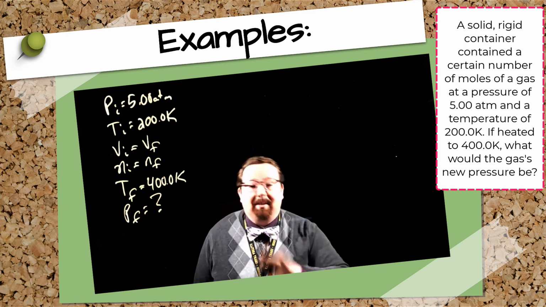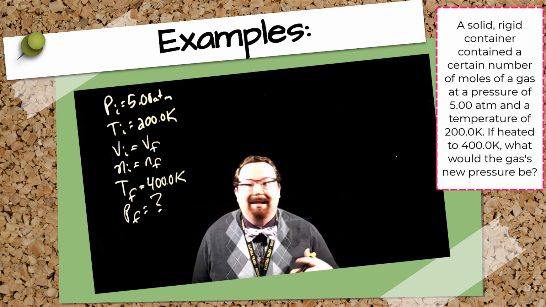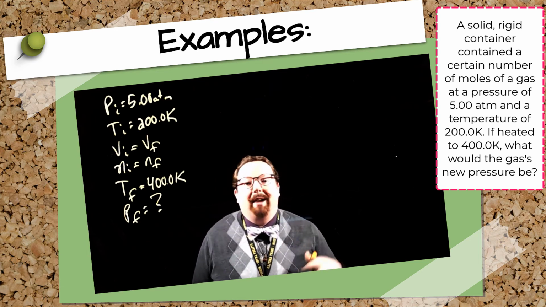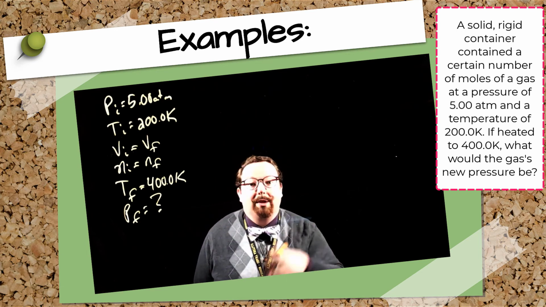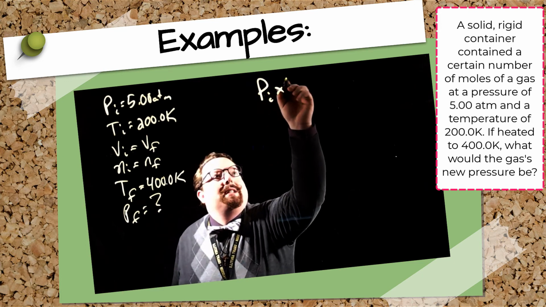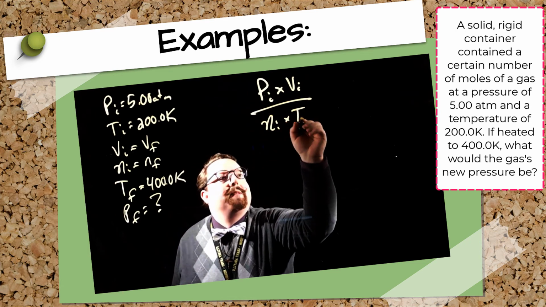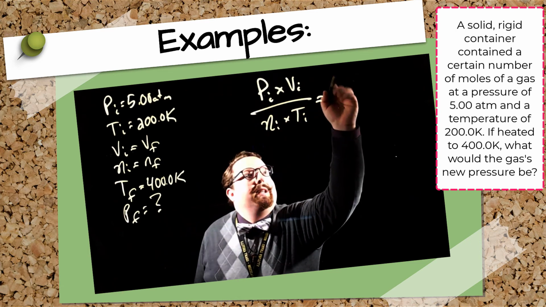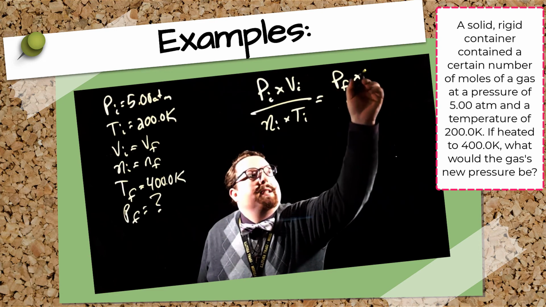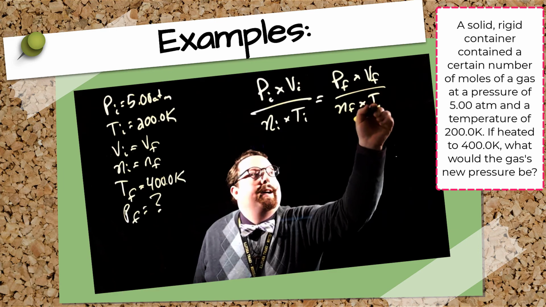A lot of times, especially when I'm working out examples myself, I'll use P1 and P2 instead of Pi and Pf. Doesn't matter which one you use as long as you're keeping track of which one's which. So our equation is the initial pressure times the initial volume divided by the initial number of moles times the initial temperature is going to be equal to the final pressure times the final volume divided by the final number of moles times the final temperature.